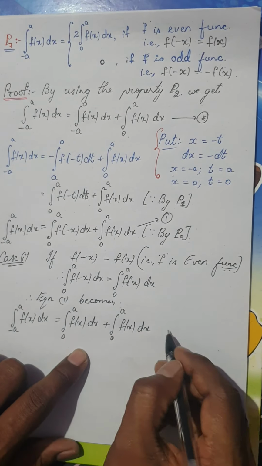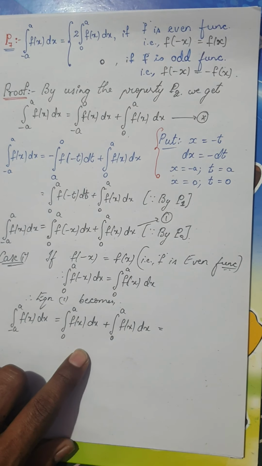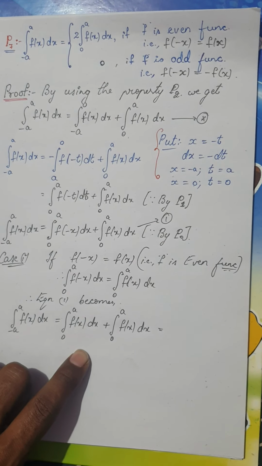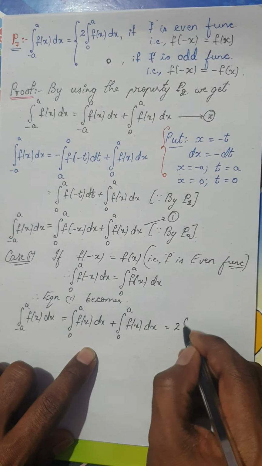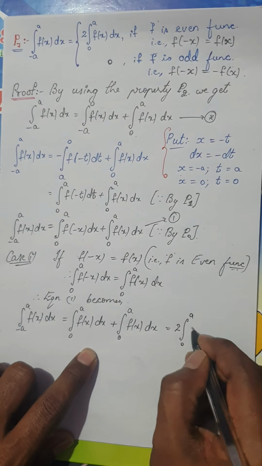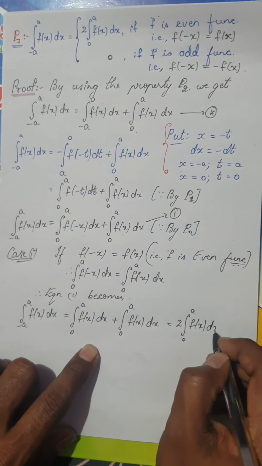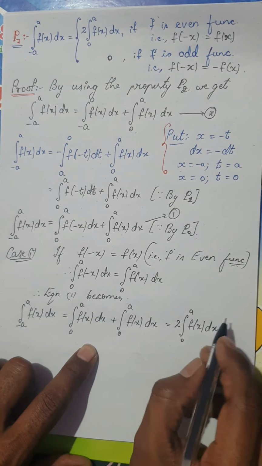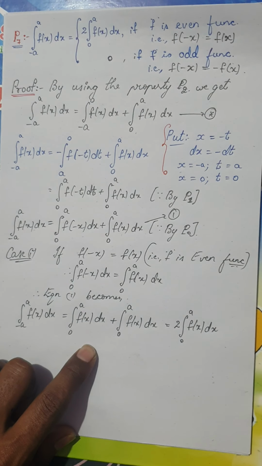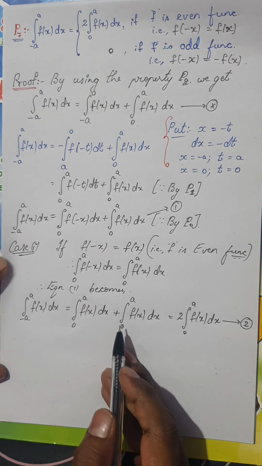Now you can see both the integrals are the same, 0 to a of f of x dx. So I can write it as 2 times the integral from 0 to a of f of x dx. Consider it as equation 2. Now I have concluded case 1.